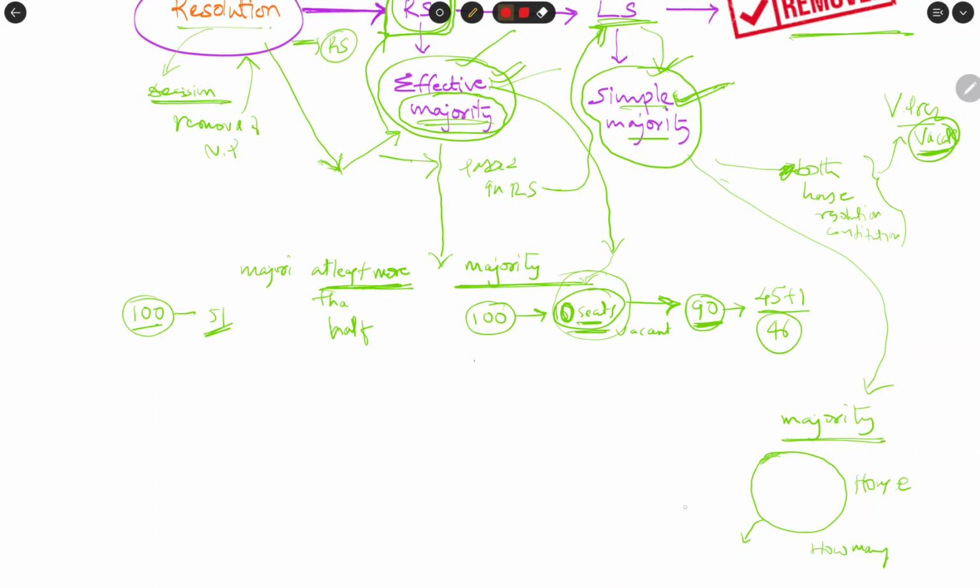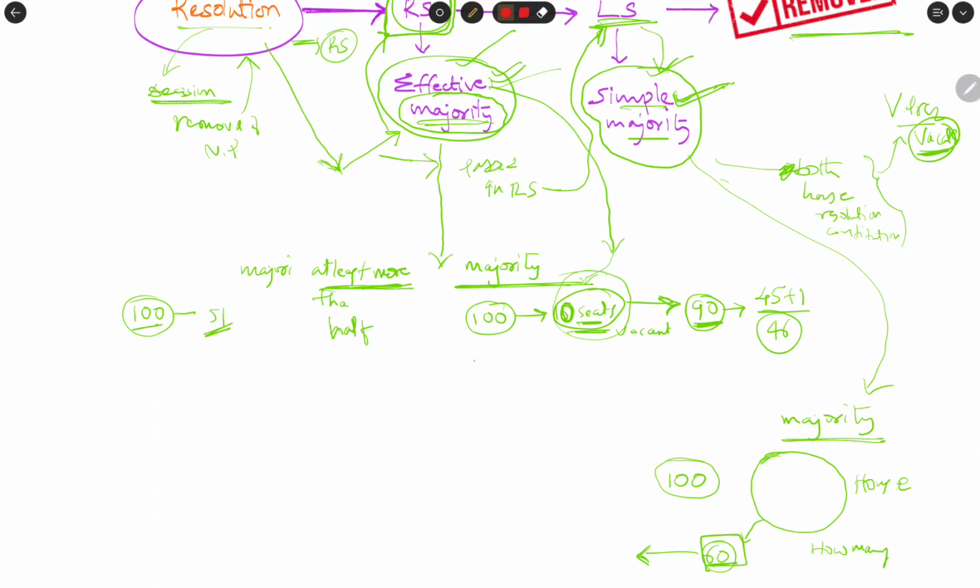For example, 100 is the total strength. Let's take just 60 members present in the house. They calculate the simple majority using this: how many are present in the house and how many are voting. They are not taking the total strength of the house.